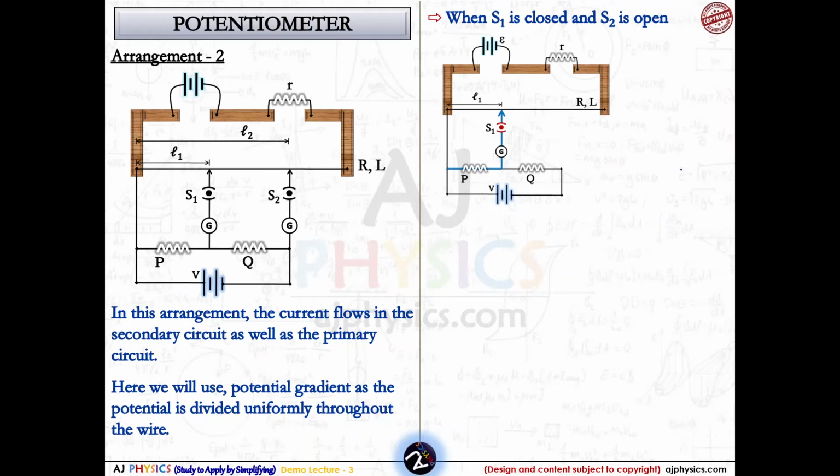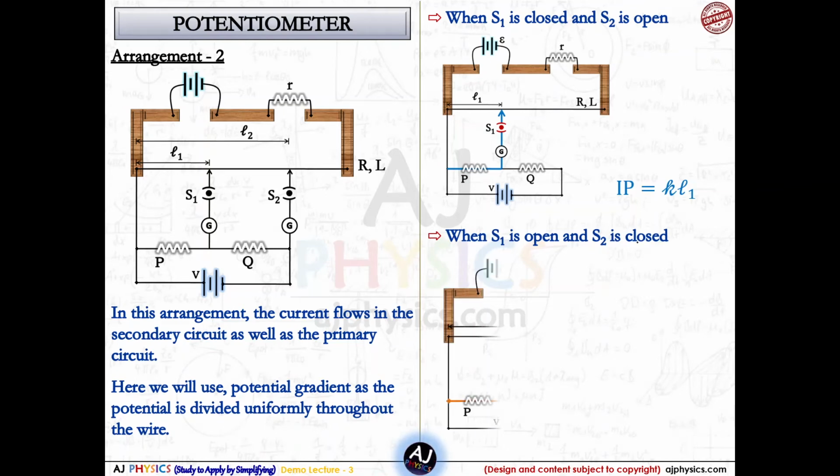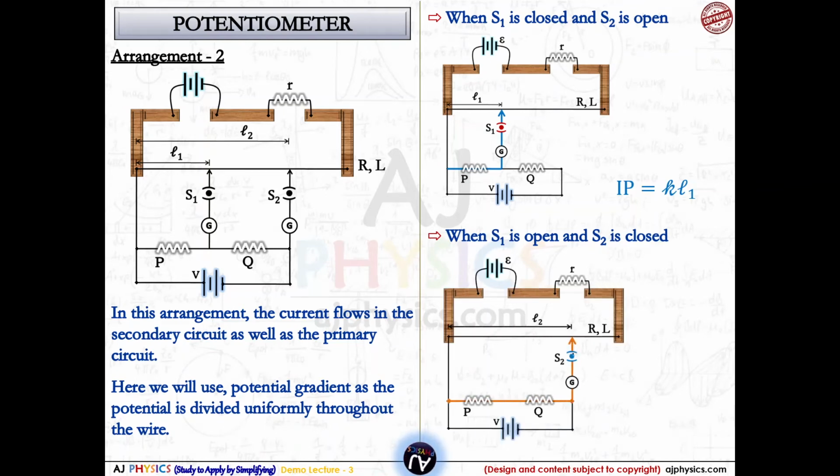Moreover, the second statement in the question will be: if the switch S2 is closed and S1 is open, then we are actually checking the circuit from this whole end. So we are checking the voltage across both of these resistances. Simply, this is a series circuit, so the resistance will be P plus Q, and the reading will change; that will be the L2 reading here.